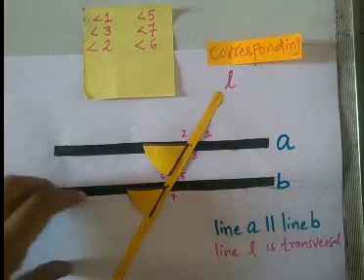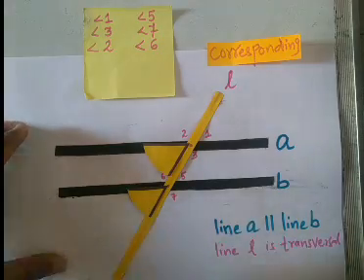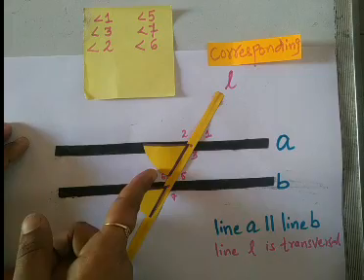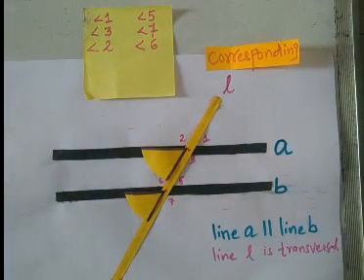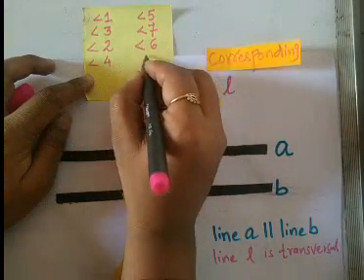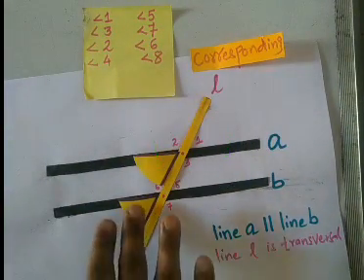So angle number 4 and angle number 8 are lying on the same side of the transversal line, and there is a gap of one angle between them. So angle number 4 and angle number 8 are corresponding to each other.